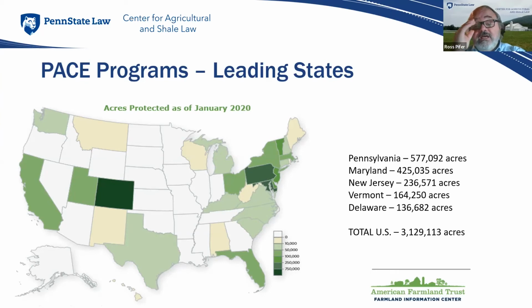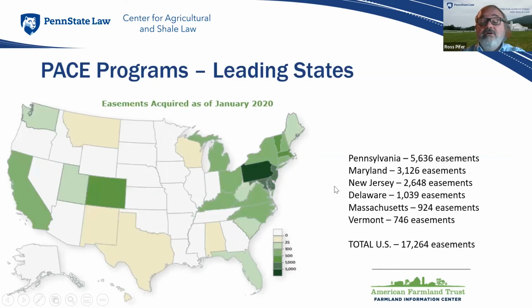So being located here in Pennsylvania, this is really where there's the highest level of activity nationally relating to these ag conservation easements purchased by the government. Pennsylvania and Maryland strongly dominate in terms of acreage, and when you look at the number of farms, Pennsylvania and Maryland are again the two leading states in the number of easements.